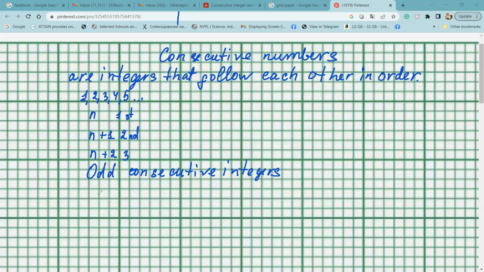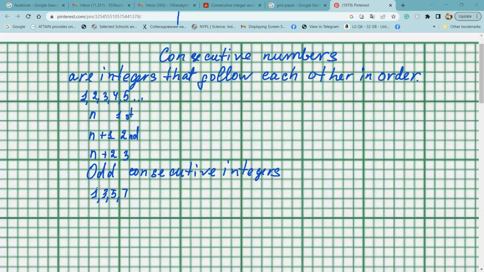And for example, we have a data set 1, 3, 5, 7. That is an example of odd consecutive integers. And like we discussed before, they have a difference of 2 between every two numbers.